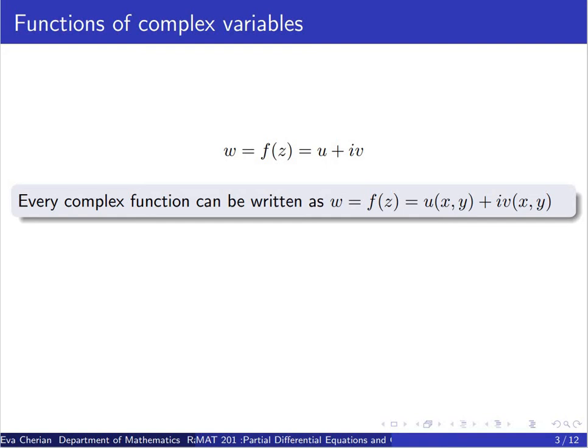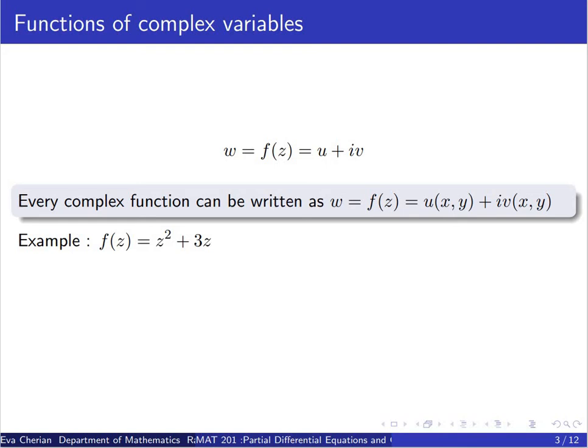So the real numbers u and v should also depend on x and y. So we can write u as a two-variable function u of x, y and v as another two-variable function v of x, y. So every complex function can be written as f of z equal to u of x, y plus i v of x, y.